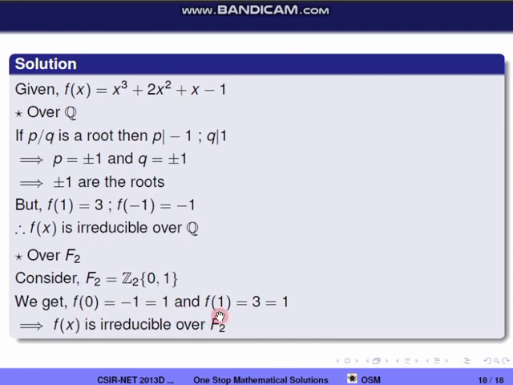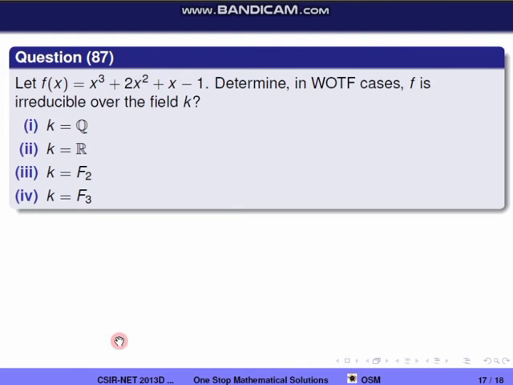Similarly, check for f(1). f(1) is equal to 3. 3 mod 2 is equal to 1. So 1 is also not a root of f(x). Therefore, f(x) doesn't have a root over Z2. That is, f(x) is irreducible over F2. Similarly, you can check for Z3, but in Z3 f(x) is reducible. So we will check the correct options. So the correct options are 1 and 3.